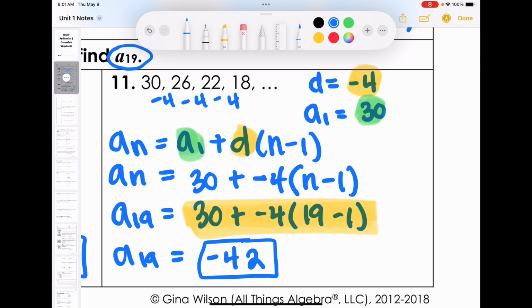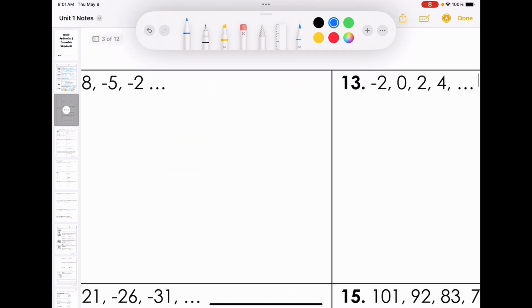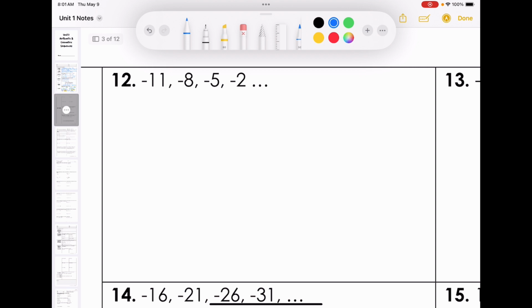All right, let's look at page 2. We have negative 11, negative 8, negative 5, negative 2. So this time, we are adding 3 every time.